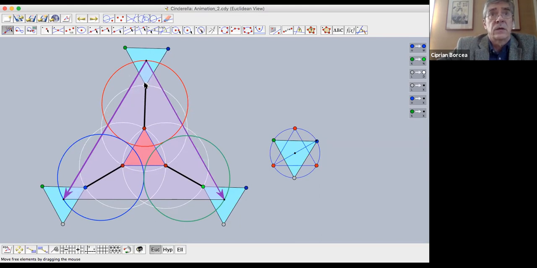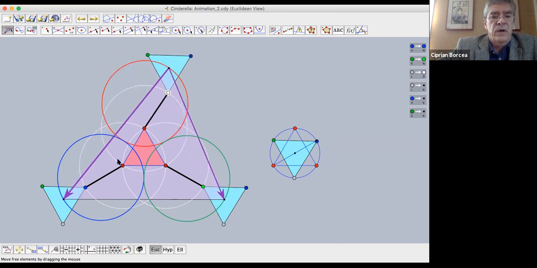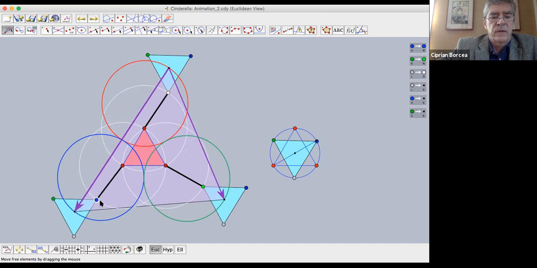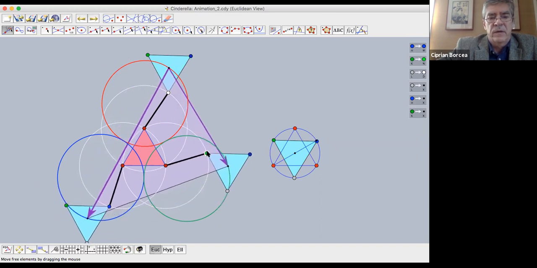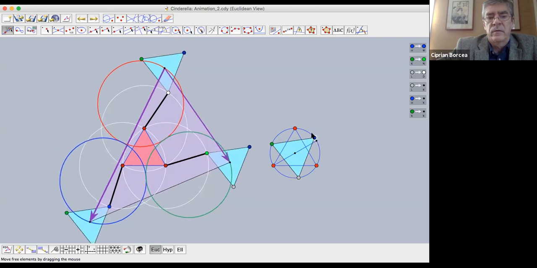Okay, so I can move one parameter, I can move the other parameter, the third parameter, and the fourth parameter.